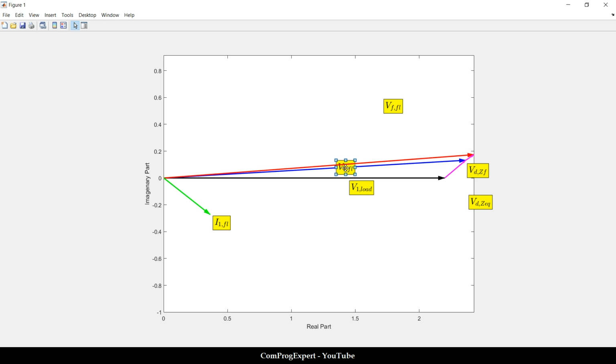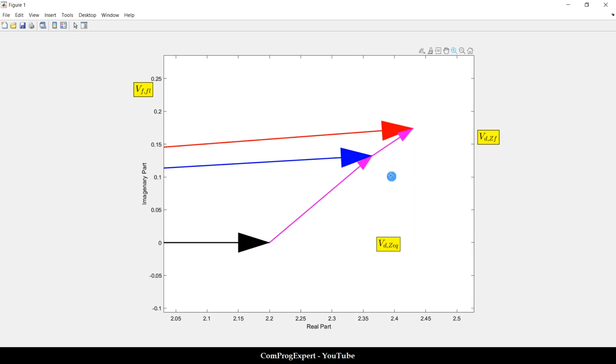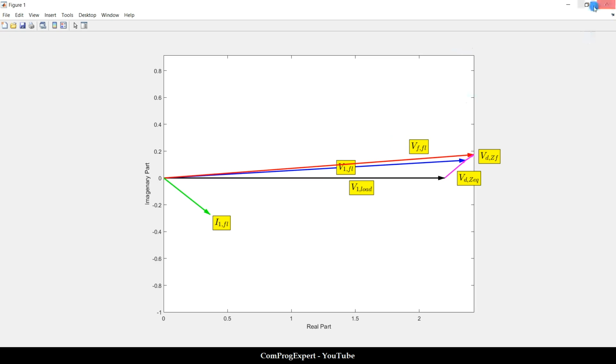So let's place this here. This is the feeder voltage. This is the voltage drop on the feeder impedance, and this is the voltage drop on the internal impedance of the transformer. So here we have these two voltage drops.